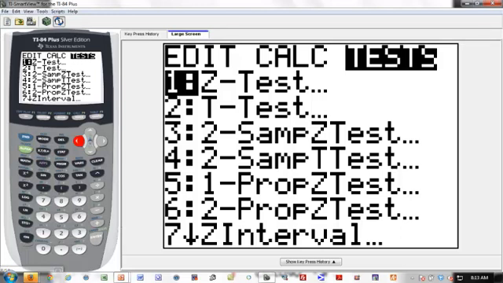The one that we just did is called a one-prop z-test. One meaning we use one sample. Prop meaning that we're testing a proportion, not an average. Z because we're using the z distribution, and test because we're testing a claim.